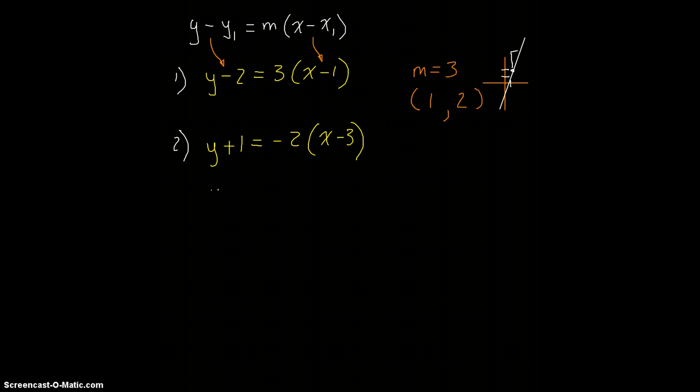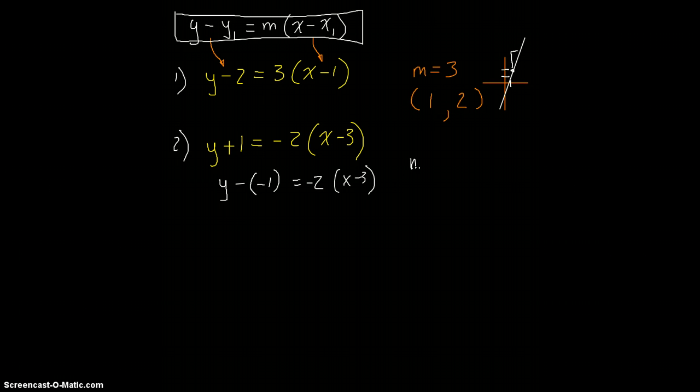So I need to rewrite this so that it looks like my equation here. Right, it needs to be in that form, so I need y minus, how am I going to get a plus 1? There we go. Remember this? A minus minus gives me a plus. Minus 2 times x minus 3.